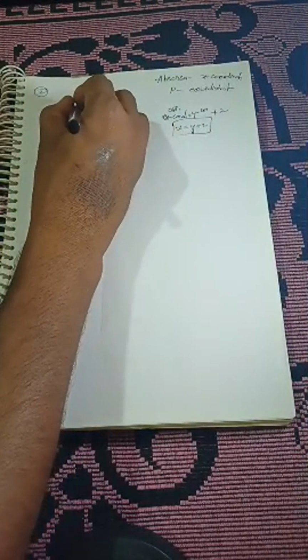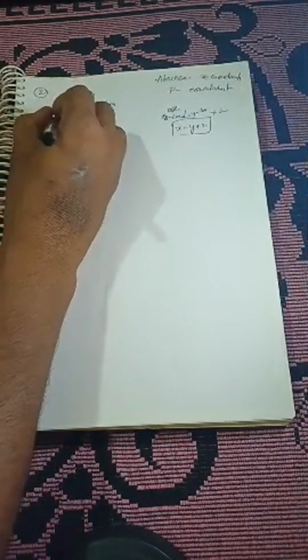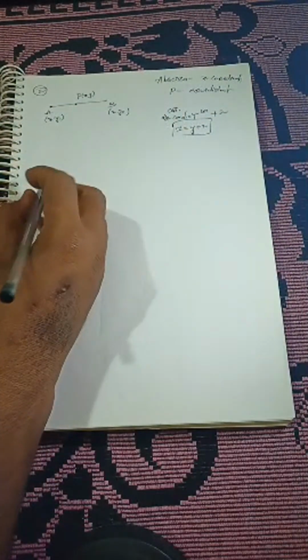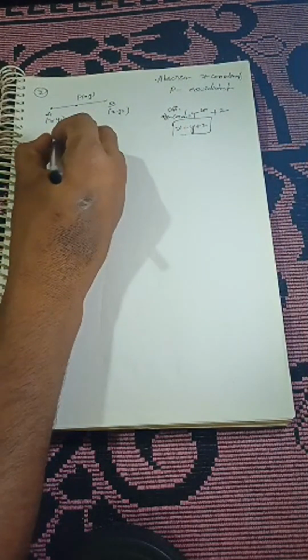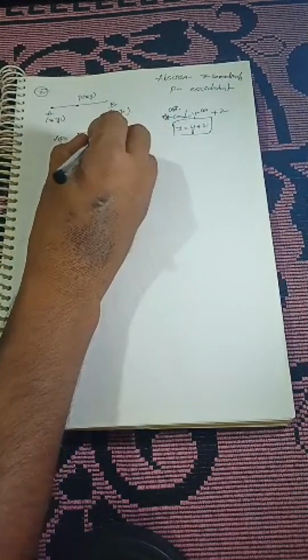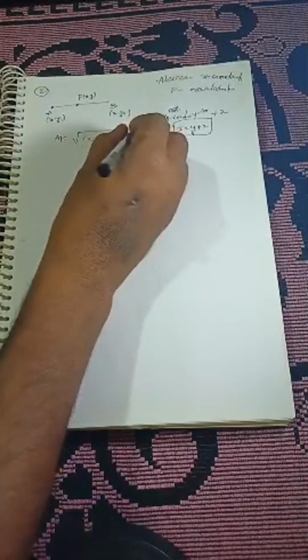Now see, this is the line segment, A point, B point. So for example, this is a point P, we are taking (x, y), and A point (x1, y1) and B point (x2, y2). Now we have to do AP, distance between 2 points, under root of the same formula, (x2 minus x1) whole square plus (y2 minus y1) whole square.